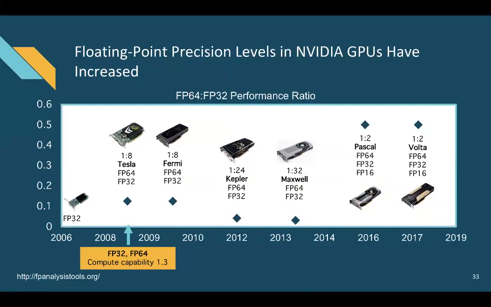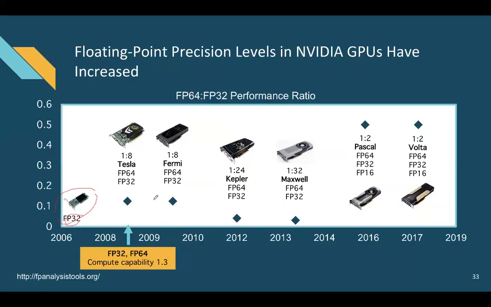So what you see here is essentially the performance ratio of different NVIDIA GPUs. The floating point precision levels in NVIDIA GPUs have increased over the years. In the beginning, the first NVIDIA GPUs only supported one level, only single precision.